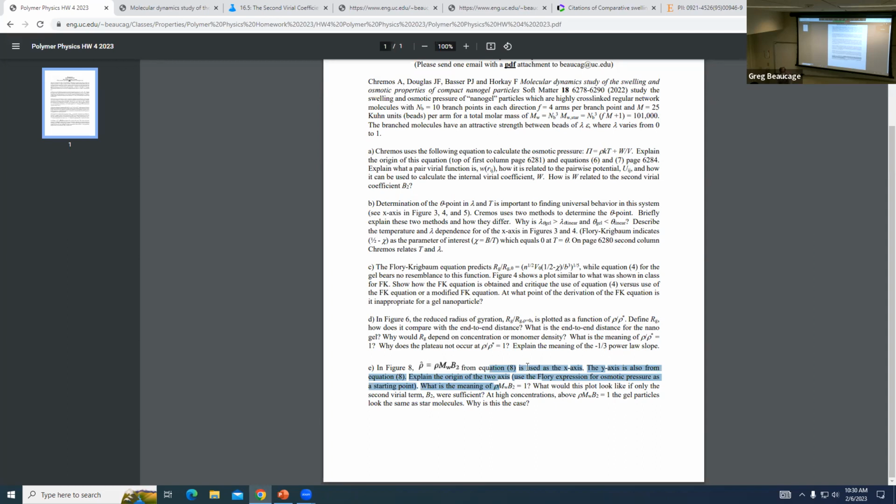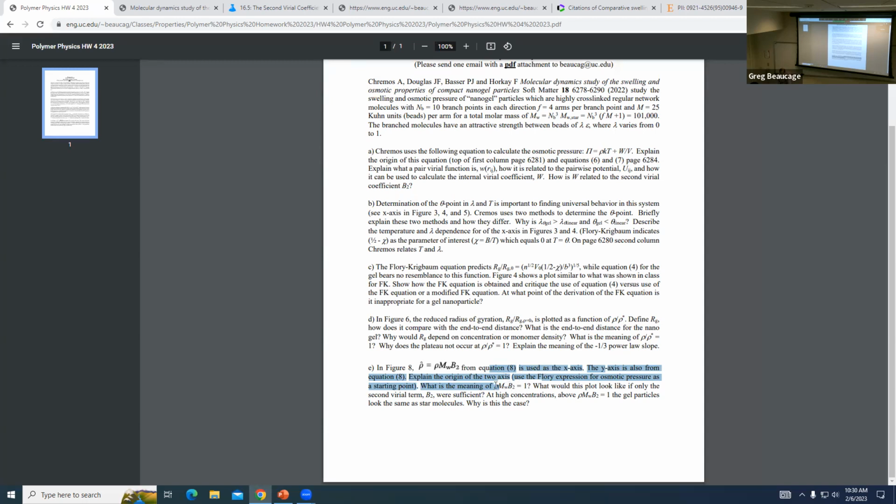So B2 is the excluded volume. It's the solid volume plus the attractive interaction, which would make it smaller, or if it's a repulsive interaction, it would make it larger. B2 includes the potential of interaction and the solid size of the thing. So it's an excluded volume, but it includes the enthalpy and the dimensions of the thing.